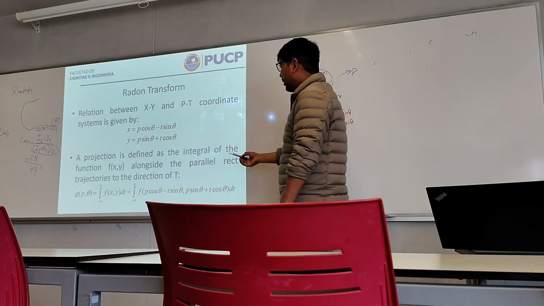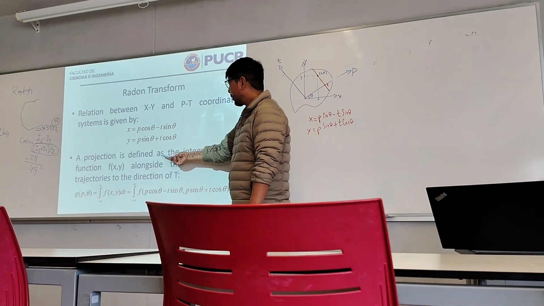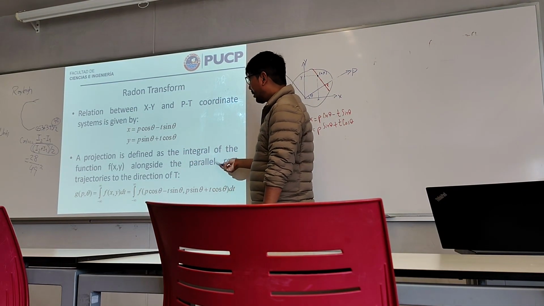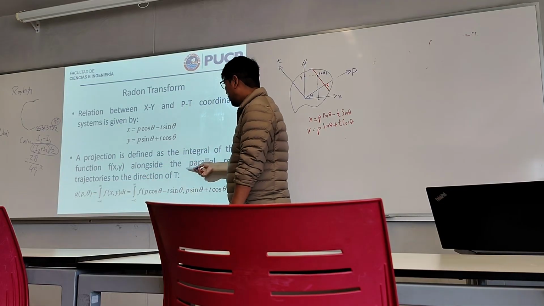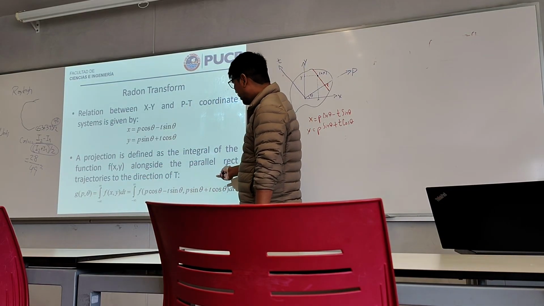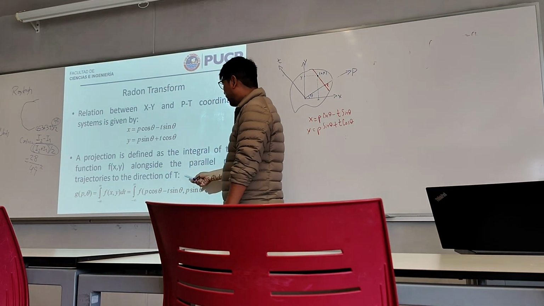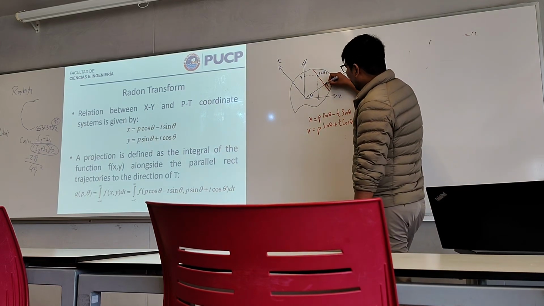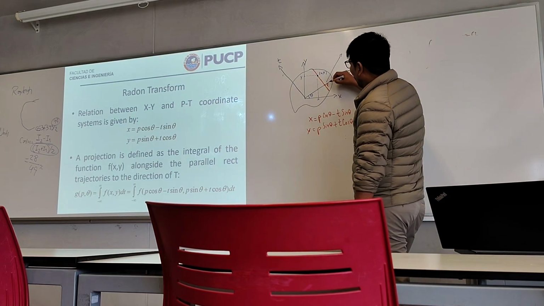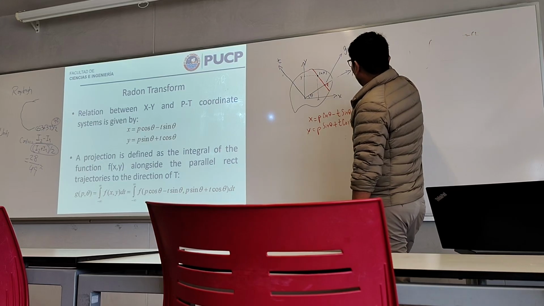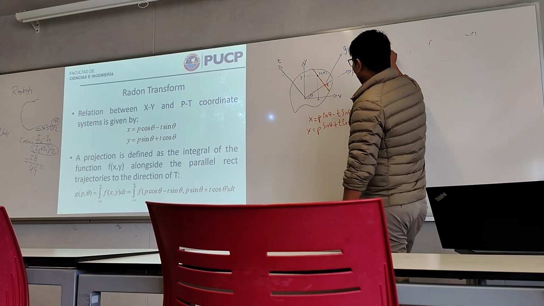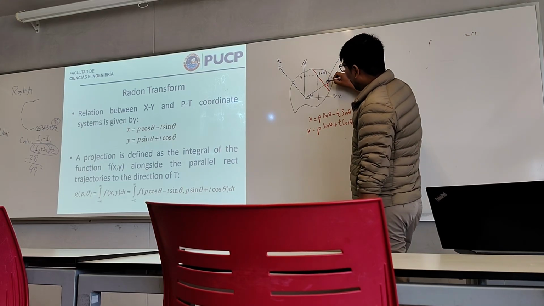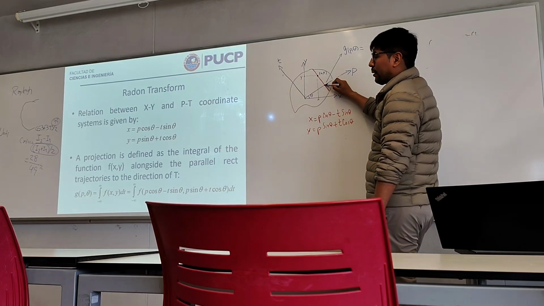A projection is then defined. The amplitude of the projection is defined as the integral of the function f(x, y) alongside the parallel trajectories in the direction of t. It's like how much is going to be the value of g(p, theta) corresponding to this value of p.